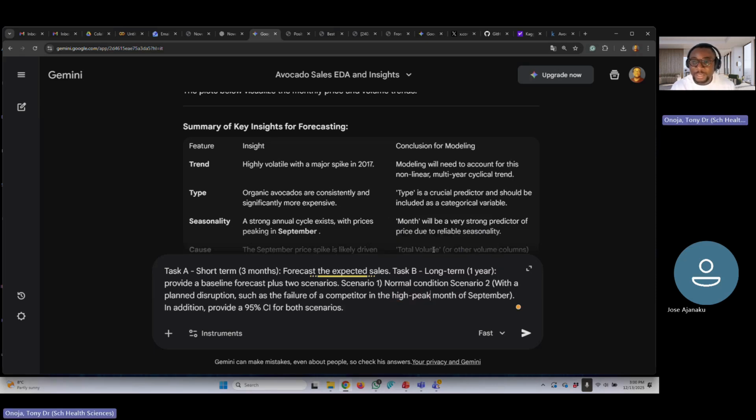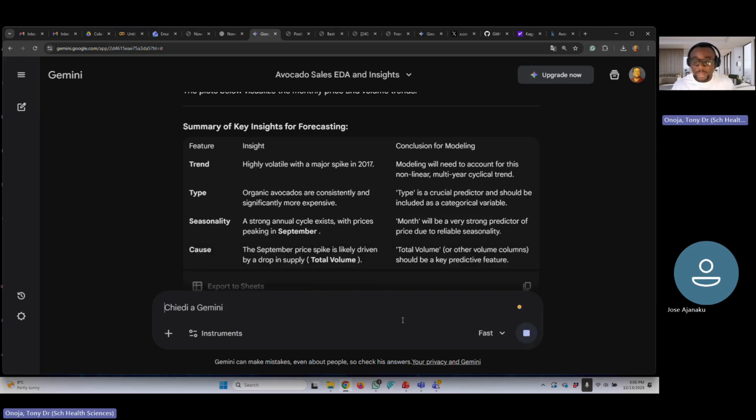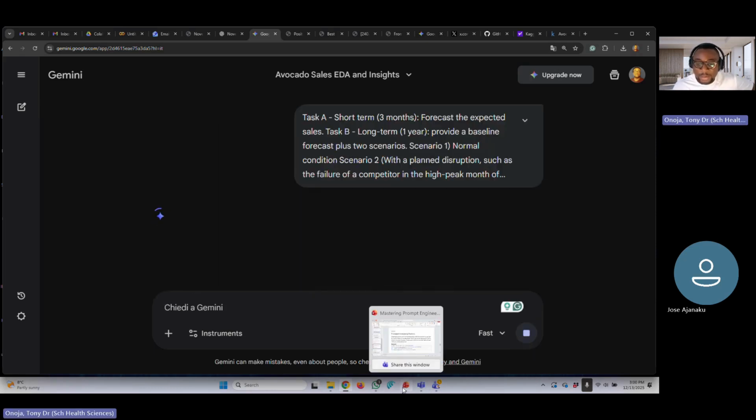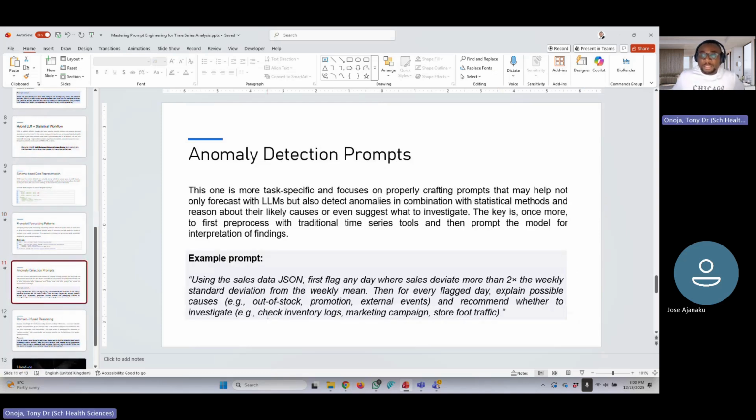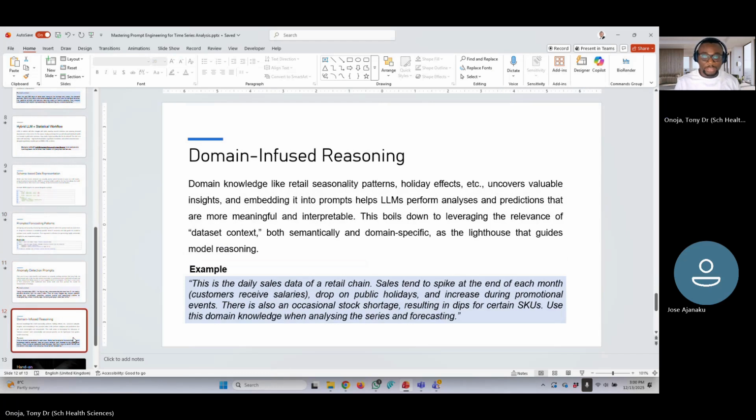Right? So let's see now what happened. And what other ones? We also talk about anomaly detection, which I think we have dealt with.